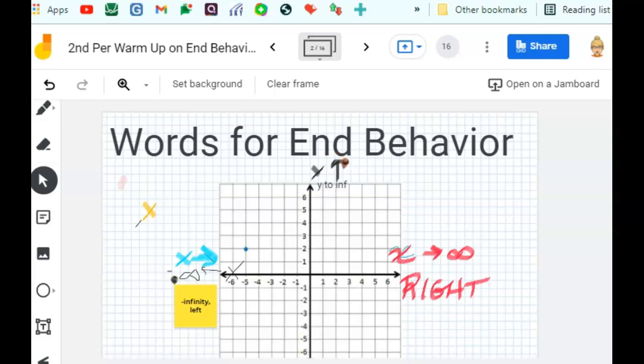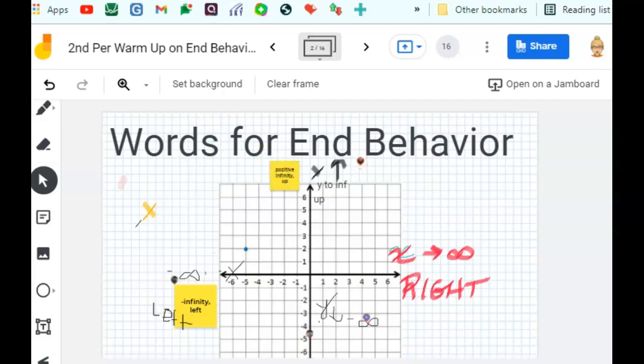What are the words that go with the end behaviors? So if you're going this way, X is going towards negative infinity, and that's left. Y to infinity is up. Good job. Positive infinity up. Good job.